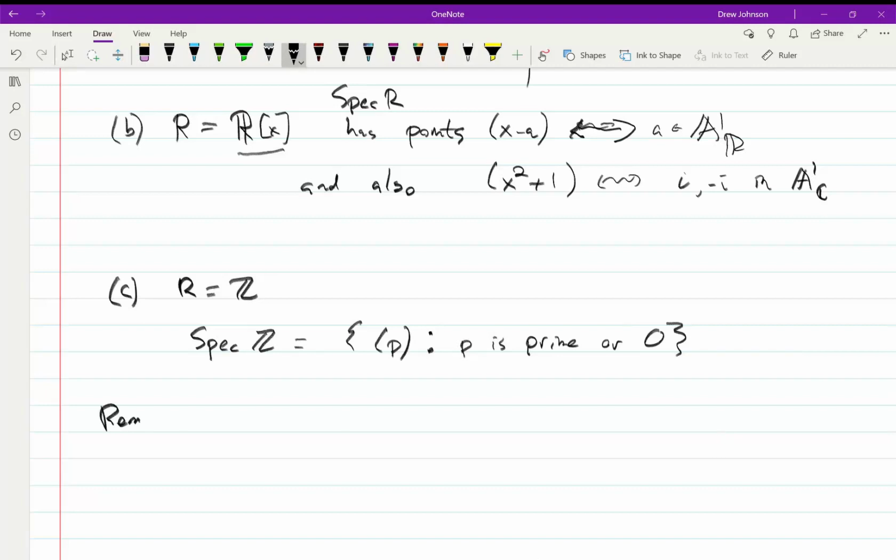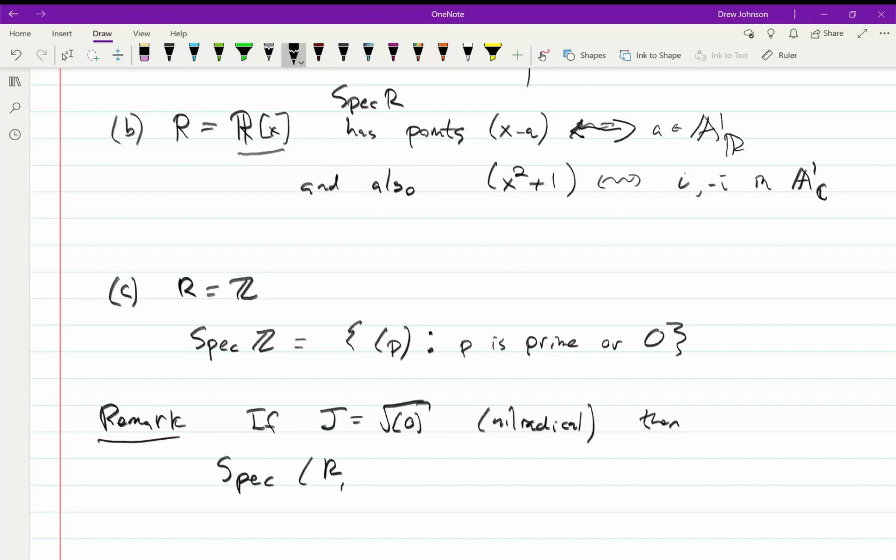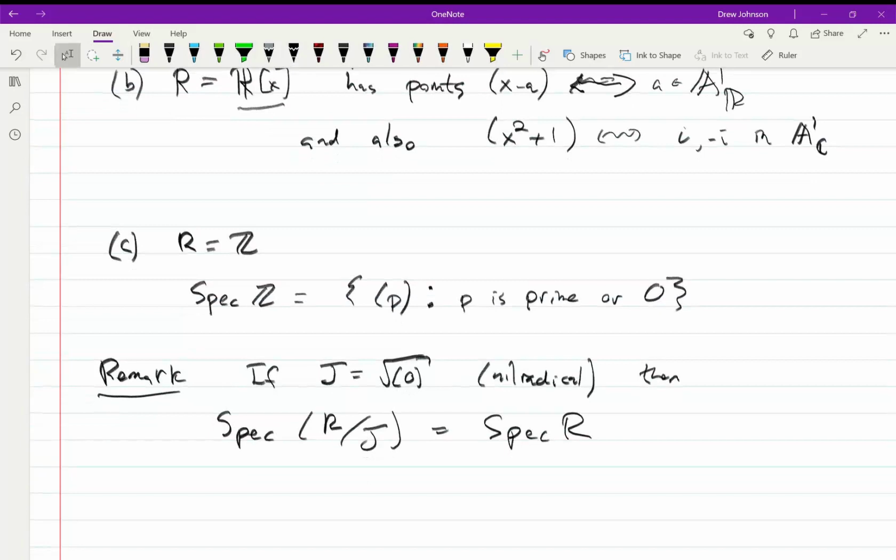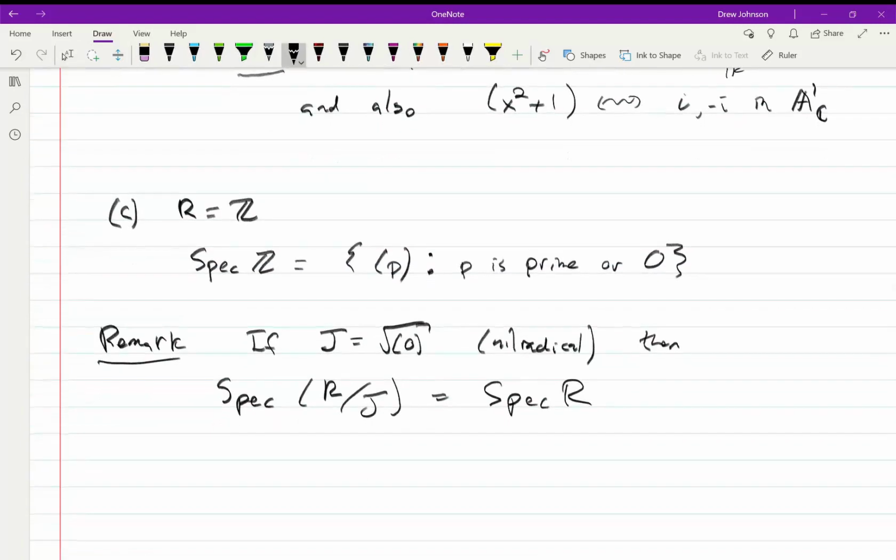Let's make a remark that if J is the radical of the zero ideal, this is called the nilradical, then you can see that the spectrum of R mod J is equal as a set to the spectrum of R. Okay, so right, the ideals of R mod J are the same as the ideals of R which contain J. So in the case where J is the nilradical, these will be the same as a set.